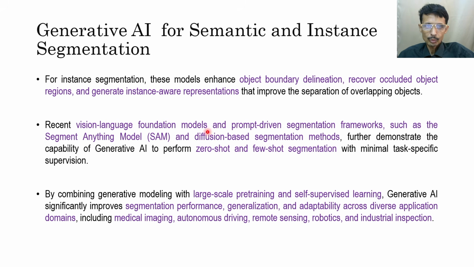Vision-language foundation models and prompt-driven segmentation frameworks, such as Segment Anything models and diffusion-based segmentation methods, further demonstrate the capability of generative AI to perform zero-shot and fusion segmentation with minimal task-specific training. These are the more emerging methods. By combining generative models with large-scale pre-training and self-supervised learning, AI significantly improves segmentation performance and adaptability across diverse application domains, medical imaging, autonomous driving, remote sensing, industries.